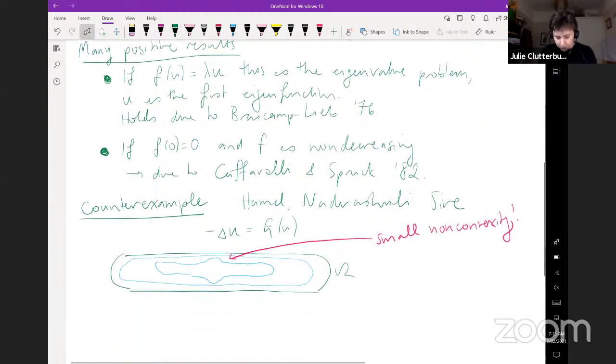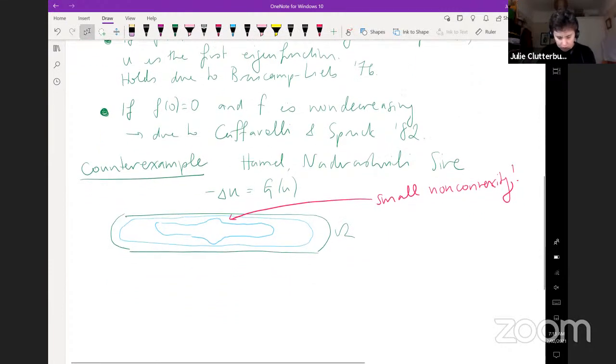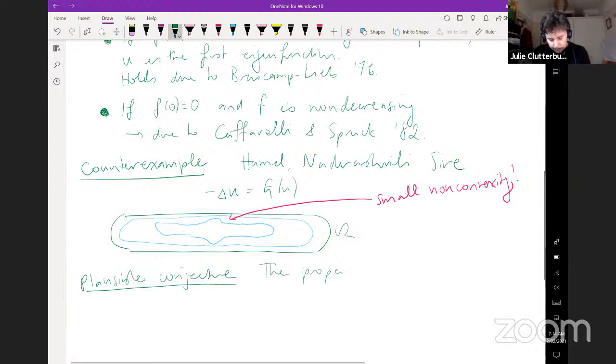And so a plausible conjecture, which they mentioned in this paper, is that the property holds when u is a semi-stable solution.